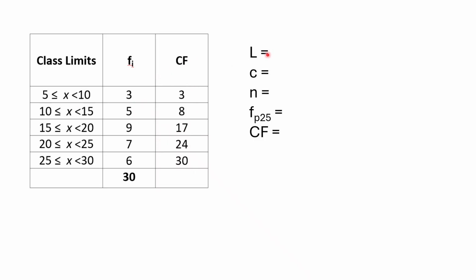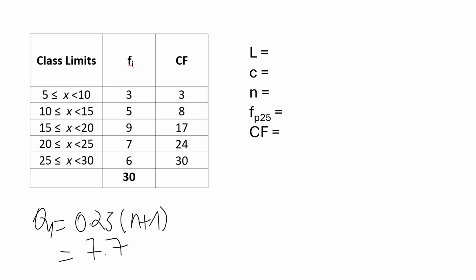Now let's find L. We use our formula that we know already, where Q1 equals 0.25 times (n plus 1), which gives us 7.75.